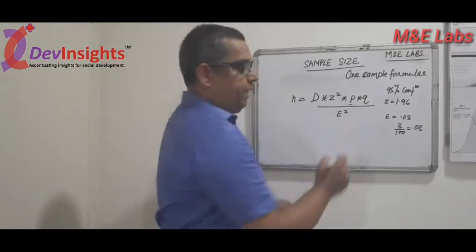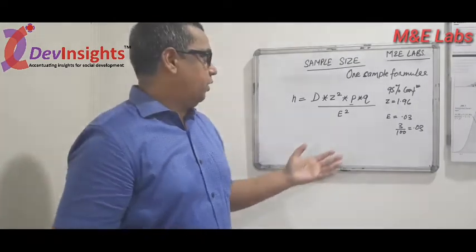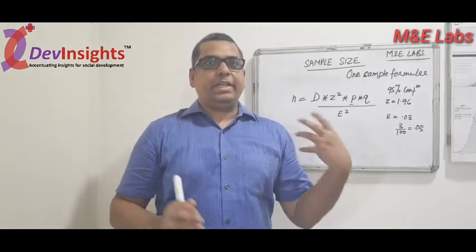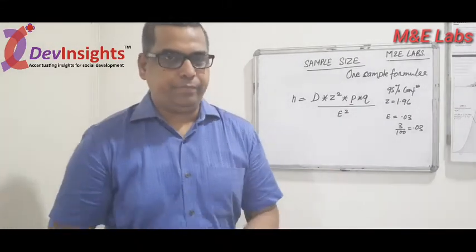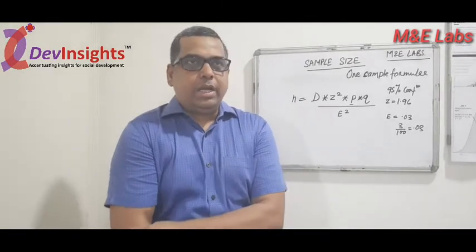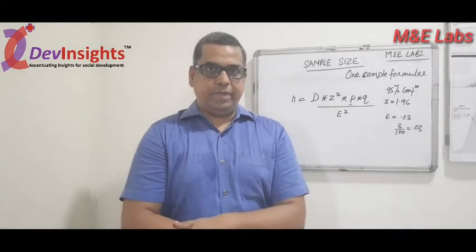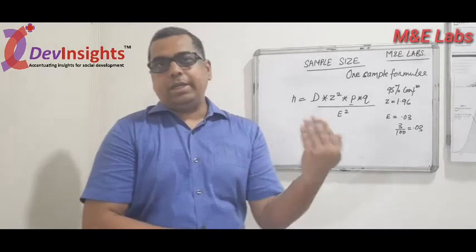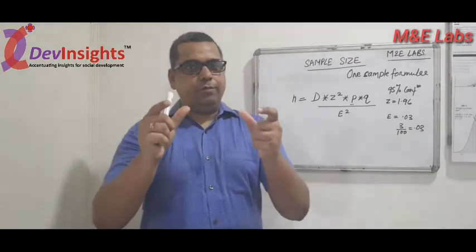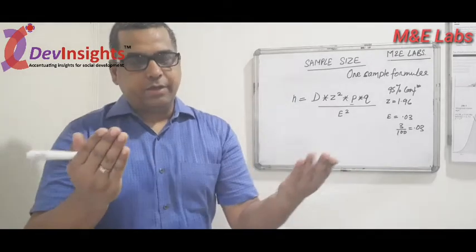Now P is basically the baseline proportion or the current prevalence. So for instance, let's say we are doing a study. Listen to this carefully. We are doing a study which is a communication needs assessment, where an organization wants to develop a short video, a short film on family planning methods for women, right?